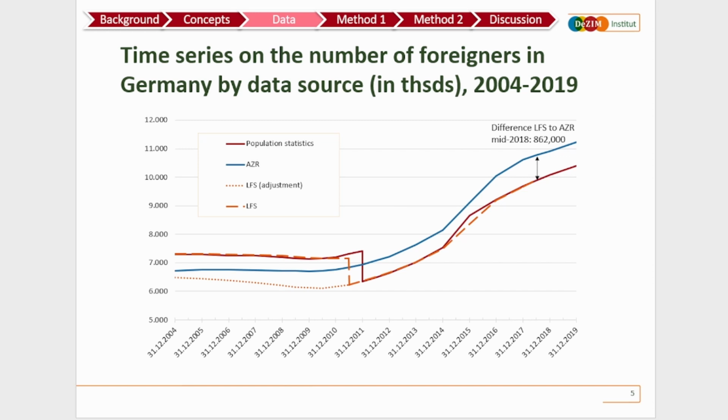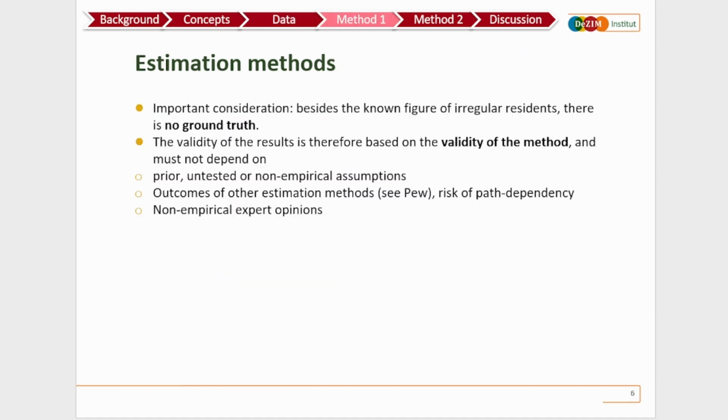What is important, in addition to these estimates, we agreed at the Institute in our project that the validity of our results should come from the method and from the data, and not depend on prior untested assumptions, outcomes of other estimation methods that we take as granted as a starting point, because that was one of the path dependencies and one of the risks that Pew ran into.